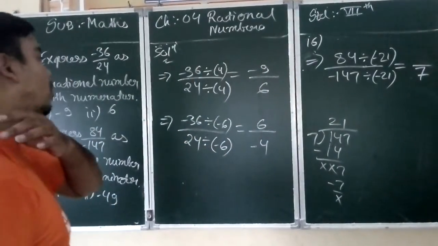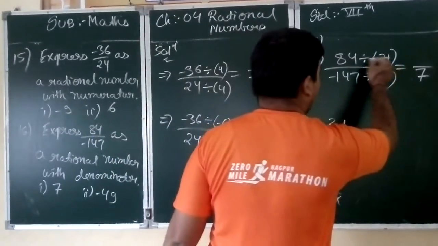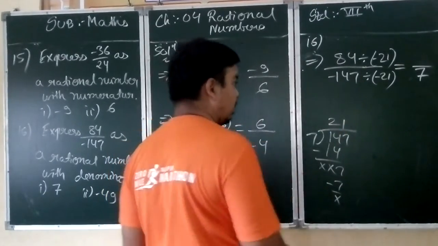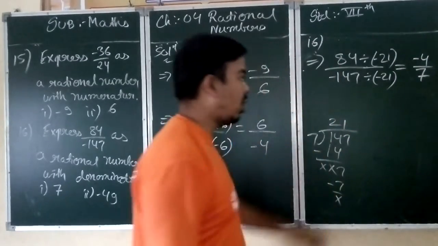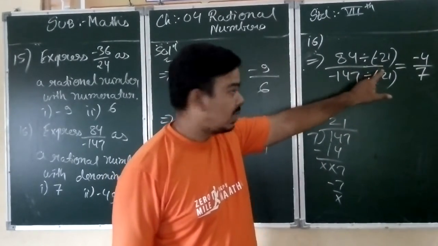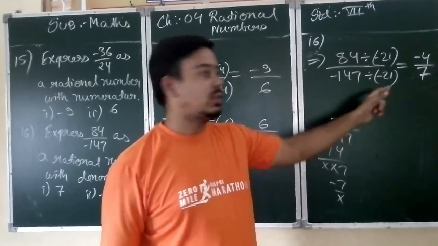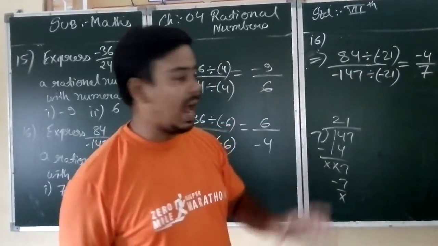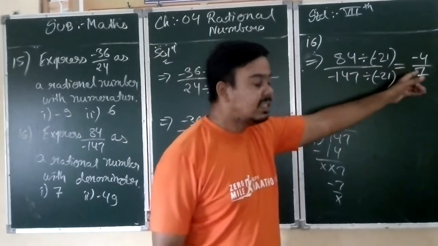Now what is the answer? It is 4, minus 4, because the division is negative. If divisor and dividend are both negative, the answer is positive. But here the divisor is negative and the dividend is positive, so the answer is negative.